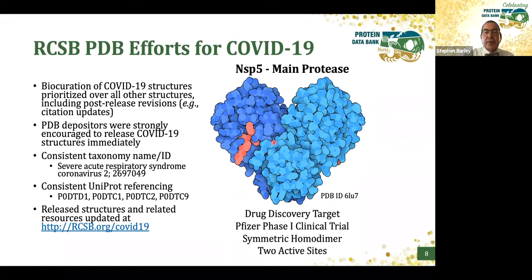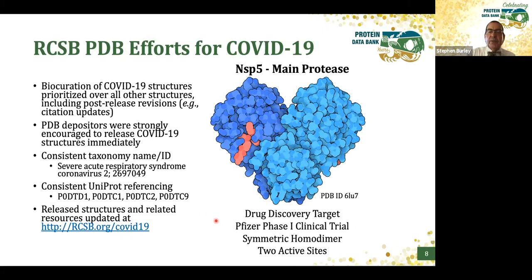Shown on the right is an all-atom representation. Each one of these little spheres corresponds to a different non-hydrogen atom. This is an all-atom representation of non-structural protein 5, otherwise known as the main protease. It consists of two identical subunits, one in dark blue, one in light blue.